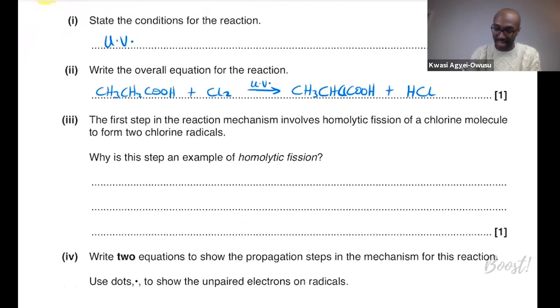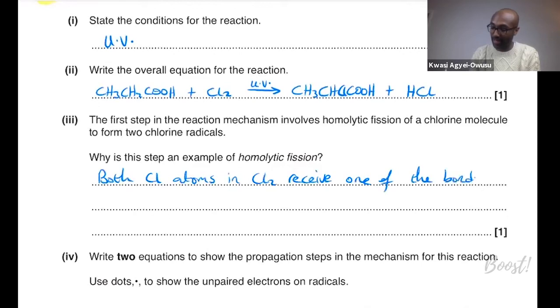Both Cl atoms in Cl2 receive one of the bonding electrons when the Cl-Cl bond breaks.